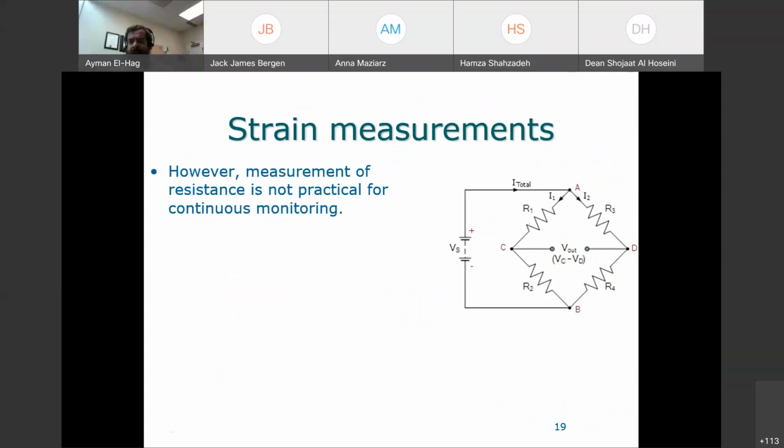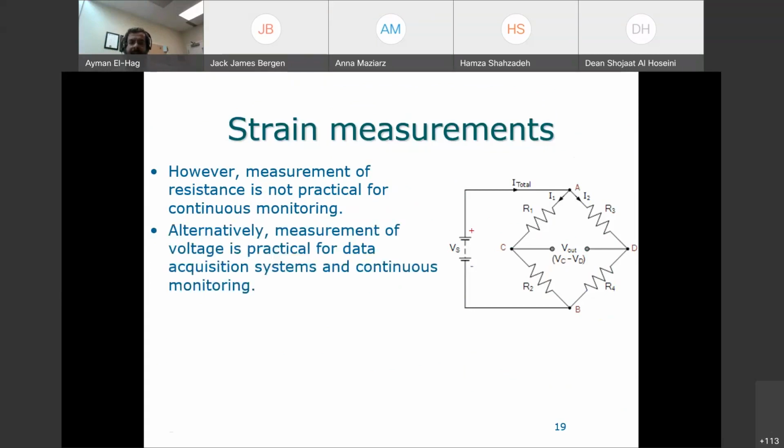It's not practical to have someone with this circuit, and every time the voltage becomes not zero, meaning the bridge becomes unbalanced and some stress is applied, start to play with the resistance to match and see how much that changed. That's not practical. So this is why that's not the best method.